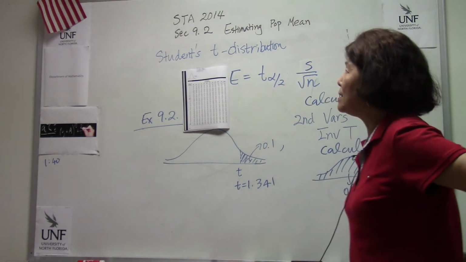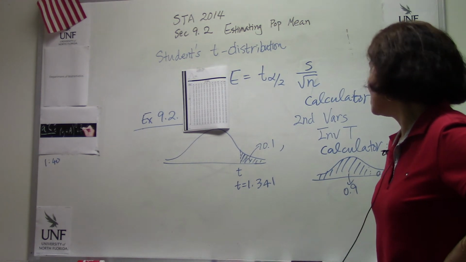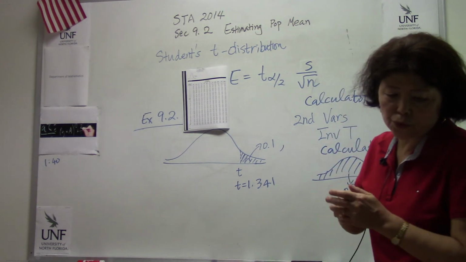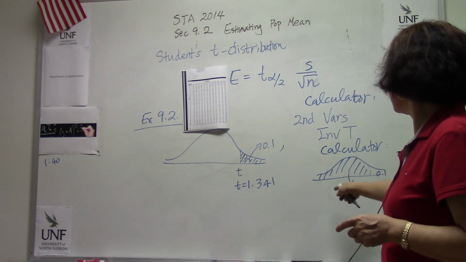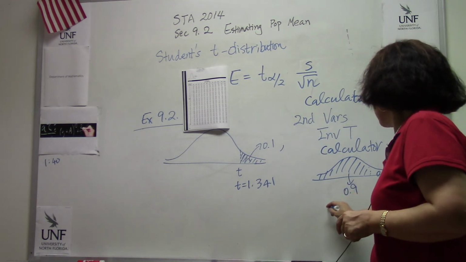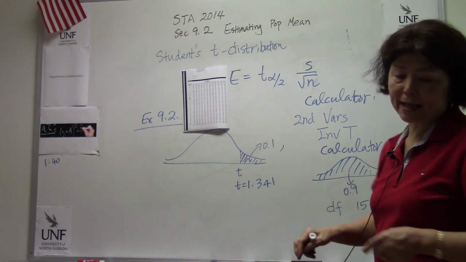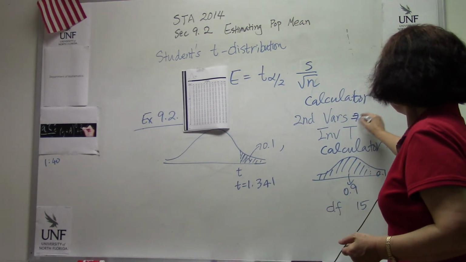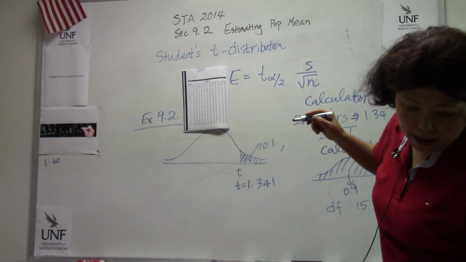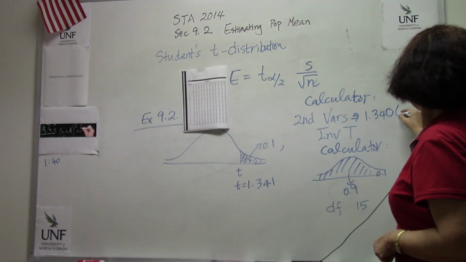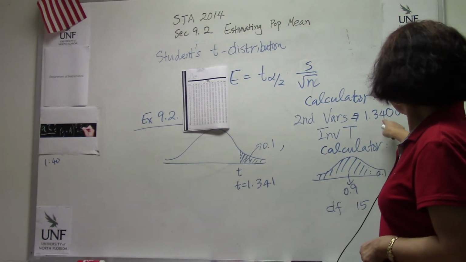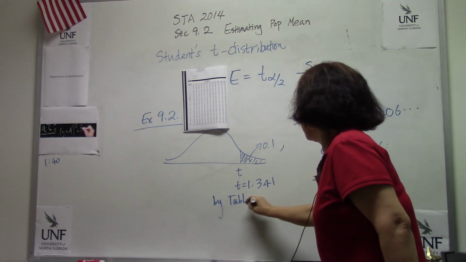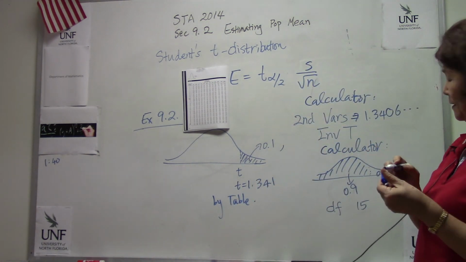This part is a little bit more complicated than the z. So you enter area 0.9 and degrees of freedom df is 15, and enter. You are going to get 1.3406, so 1.341. This one is by table, and this one is by calculator.